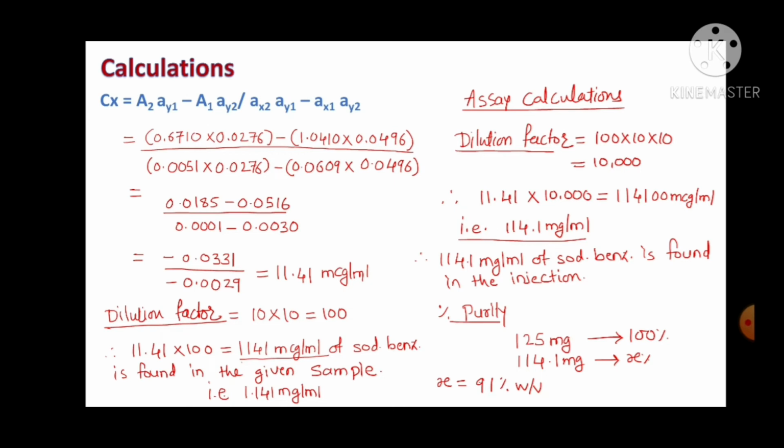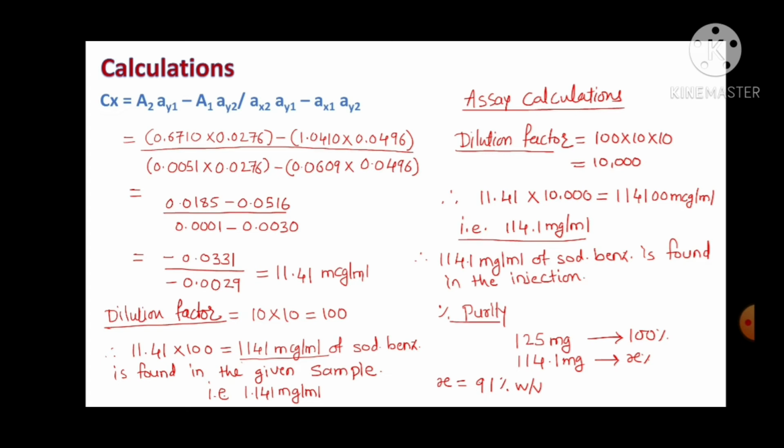So we did two dilutions from the given sample. 10 multiplied by 10, that will be total 100 times we have diluted the given sample. So we have to multiply this 11.41 with this 100, then we will be getting the concentration of our drug X in the given sample.